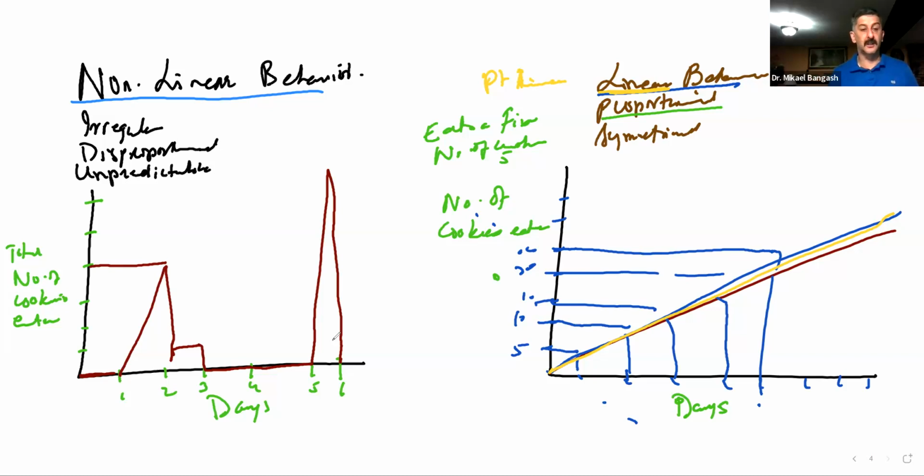So what do you see here? There's no way that this is a linear behavior, right?